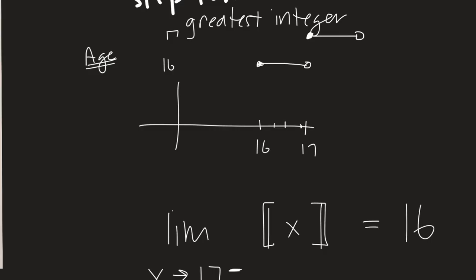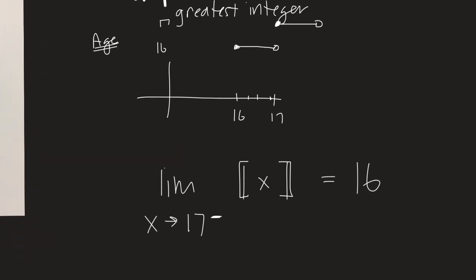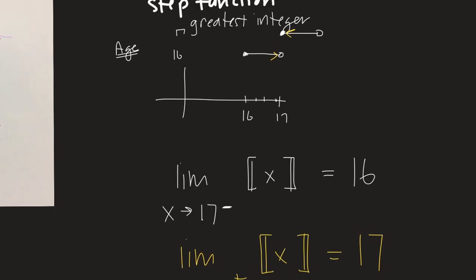So as you approach 17 from the left, your limit, or your age, is going to be 16. But what about the limit as x approaches 17 from the right? Once you turn 17 and you're looking back, oh, a week ago I turned 17. Because if you're approaching 17, you're still 16 years old. But once you have your birthday, by golly, you are 17 years old.